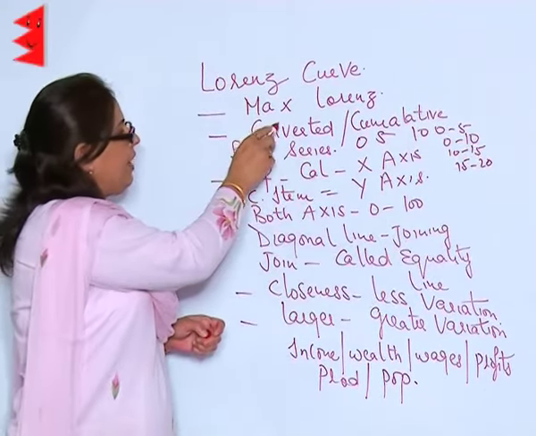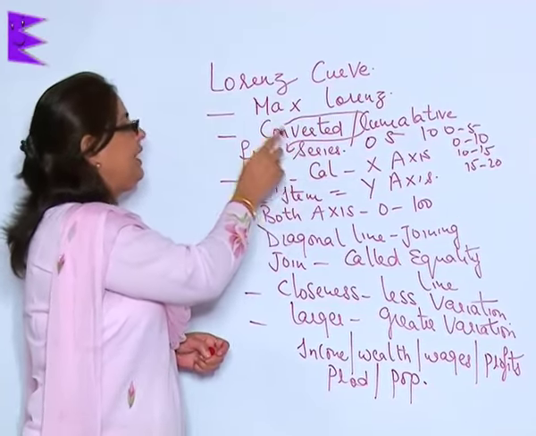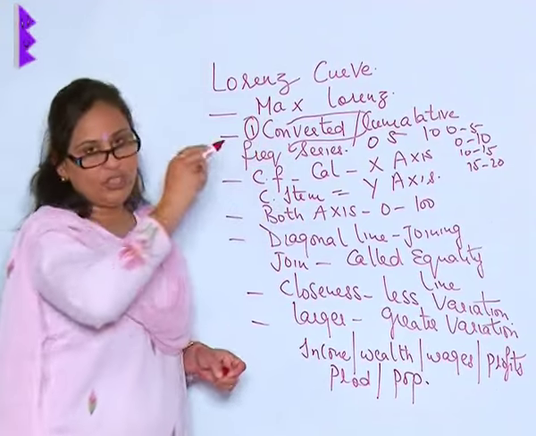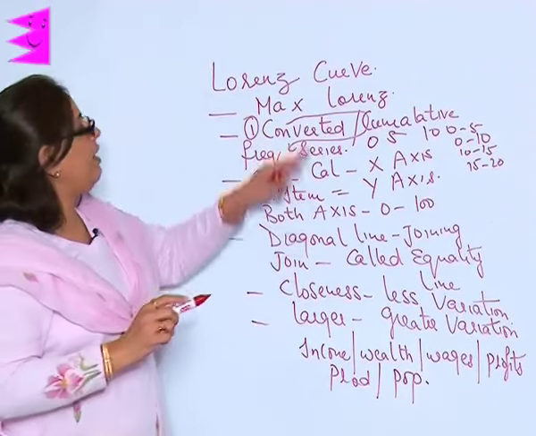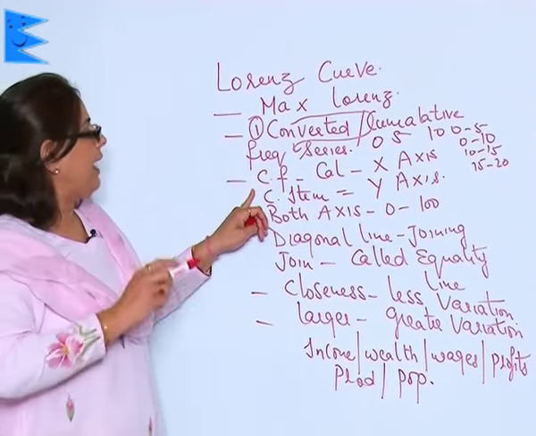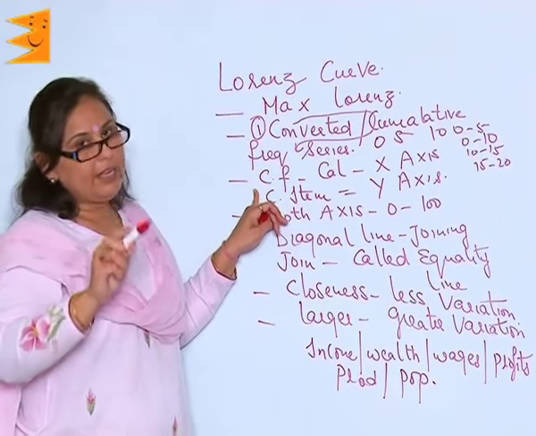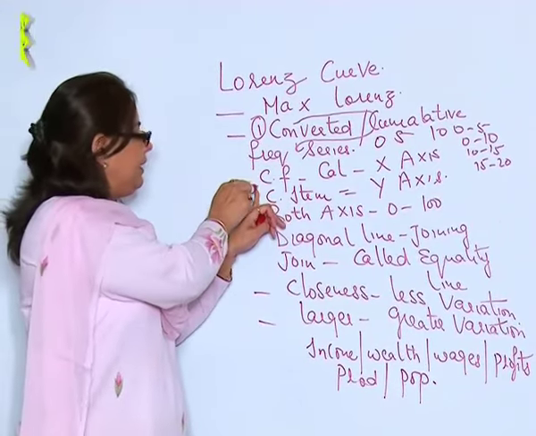Converting the series into the cumulative frequency series is the first step involved in making a Lorenz curve.